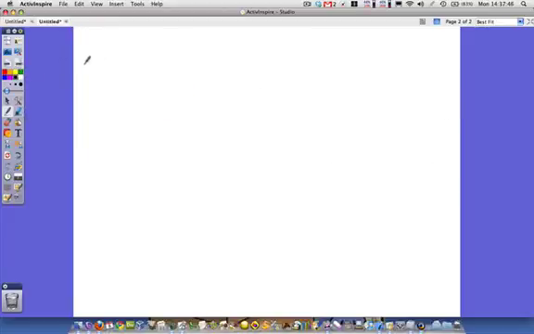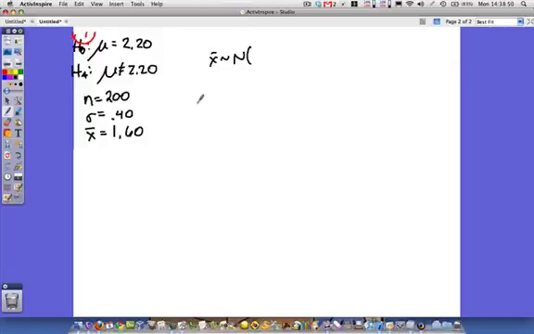Okay, new page. We know then, since the conditions are true, that X bar is normally distributed. Okay? And you know what I'm going to do? I'm going to go grab the null hypothesis there. So give me a second. Okay, there, it's like magic. Here's the null hypothesis again because I need to refer to it.